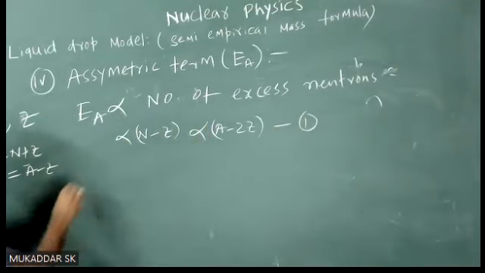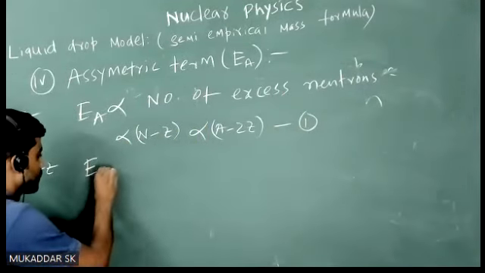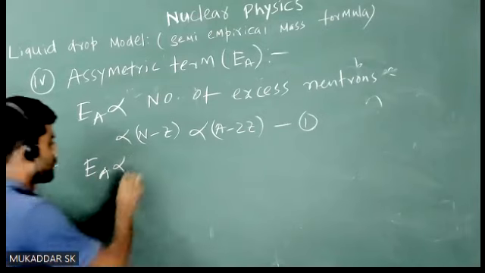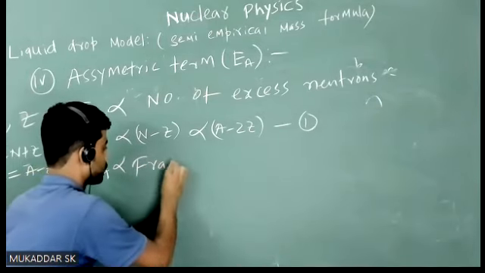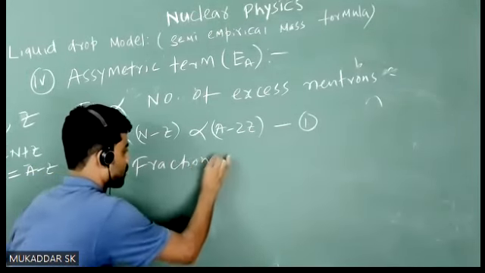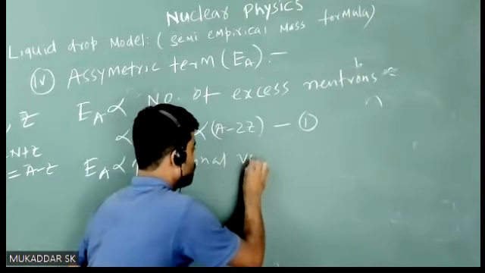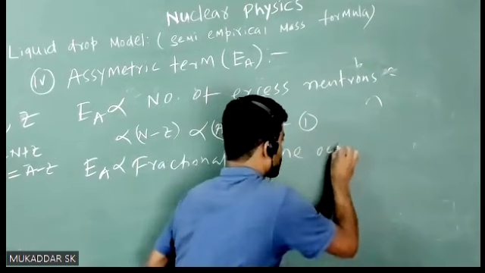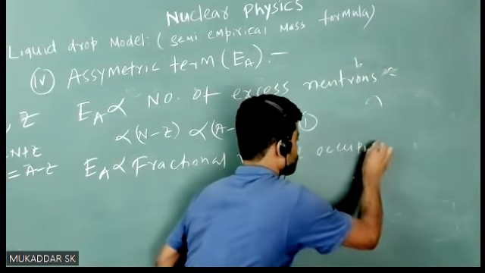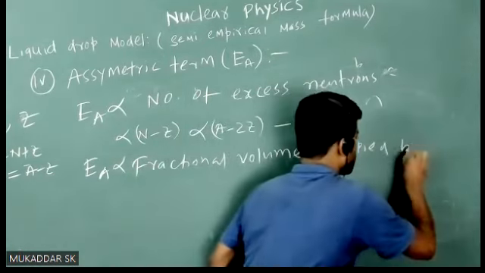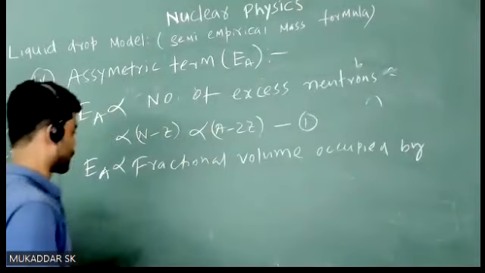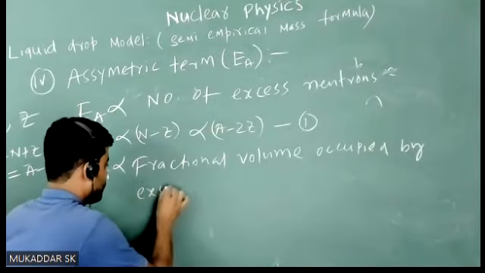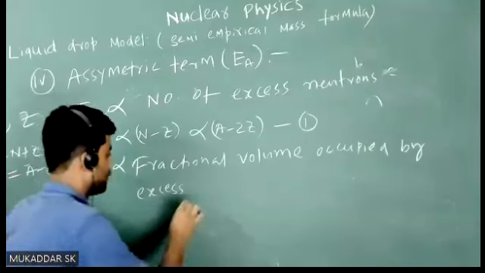Also, it is observed that the asymmetric energy is proportional to the fractional volume occupied by excess neutrons.